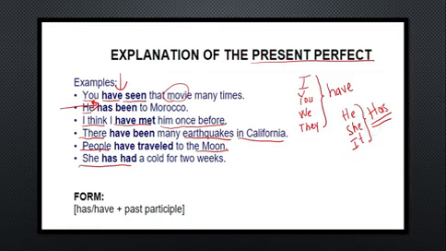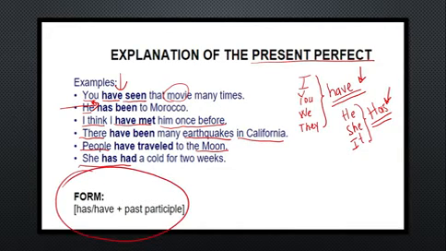It's the same, but it is written differently. And when you use the auxiliary have or has, you use the verb in the past participle after the auxiliary.